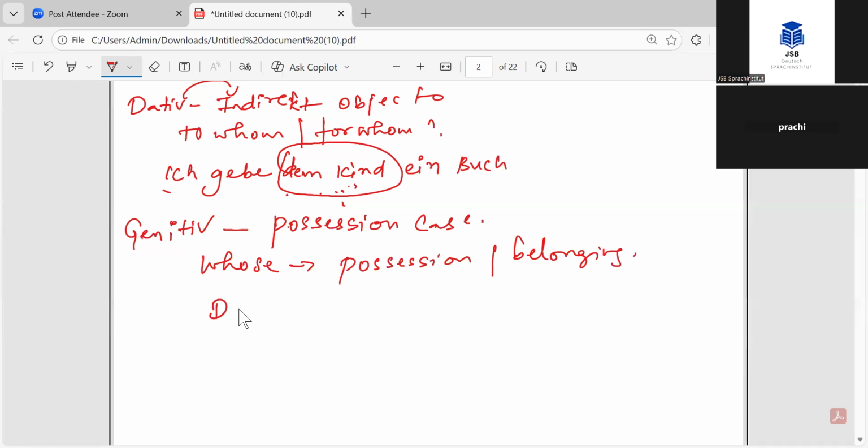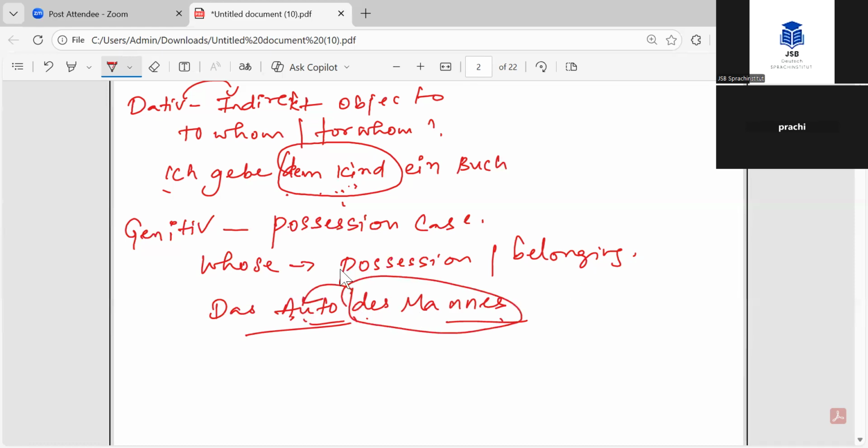Okay, for example, das Auto des Mannes. Okay, so the car of the man. The man's car. Okay, so belonging, whose belonging? That man's car. So this is possession. Okay, this is a genitive.